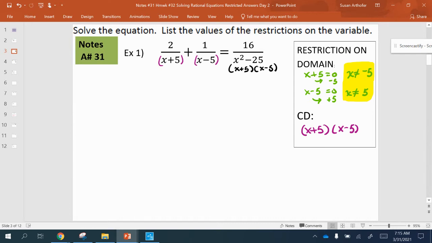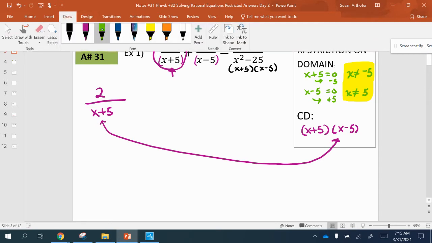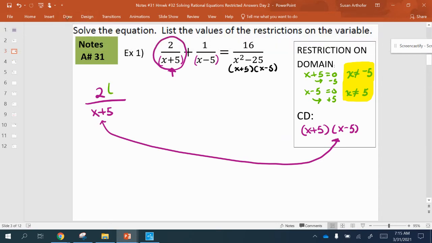One at a time here now. I'm going to just start writing my problem out. I have 2 with x plus 5, right? So we're looking at just this one. This denominator compared to our CD is missing the x minus 5. So I'm going to multiply the top by what's missing.